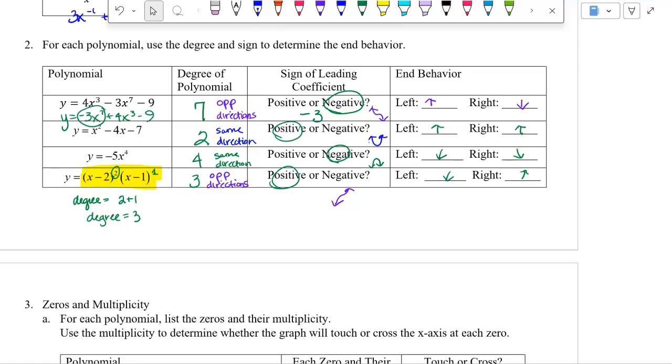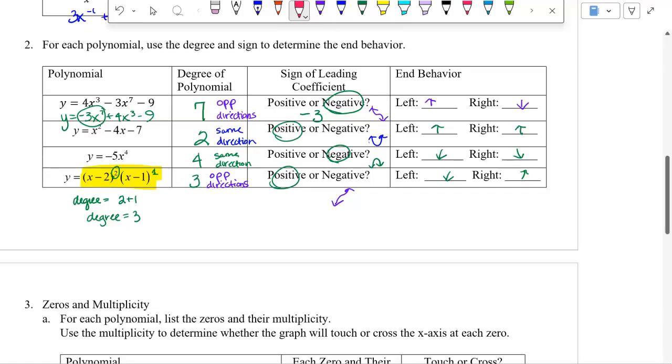You'll notice in the first one, I did have to reorder my polynomial so that I had my leading term with my highest degree. So this is my leading term right here, -3x to the 7th, which tells me that the degree of my polynomial is 7. And because 7 is odd, that means that my ends are going to be going in opposite directions.